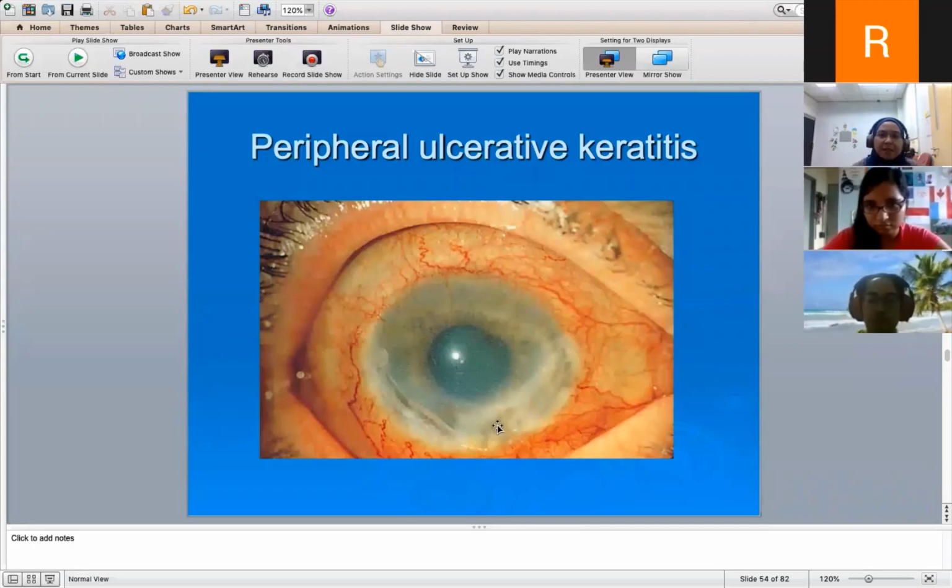So this is ulcerative keratitis. You call it peripheral. This is what can happen to them. They ulcerate, and eventually they melt. This one is actually a gutter, like a drain here, because it's actually melting. So this also can happen to the patient with rheumatoid arthritis. That's all.